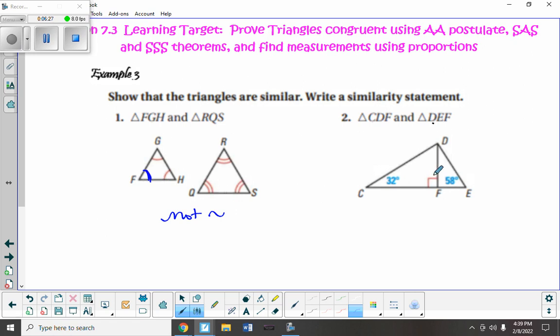And then in this next one, let's see. First of all, let's look at this triangle CDF, and let's find the missing angle. So 90 minus 32, this is 58, okay? And then this would be 90 right here. So actually we have two that are 90 and then two angles that are 58. So we can say that angle CFD is congruent to angle DFE, all right, because those are right angles.